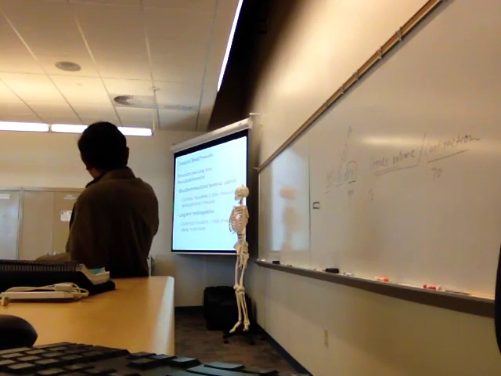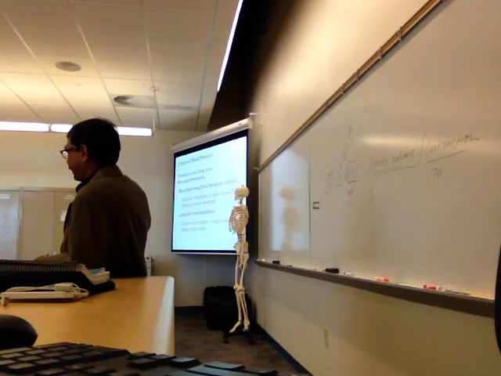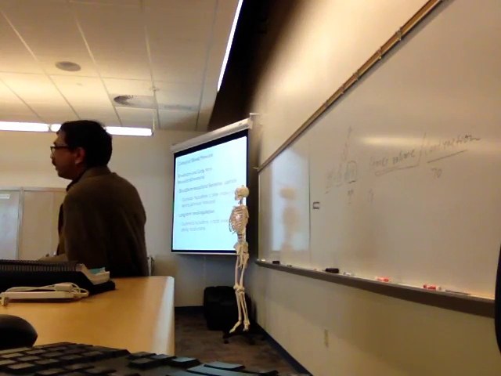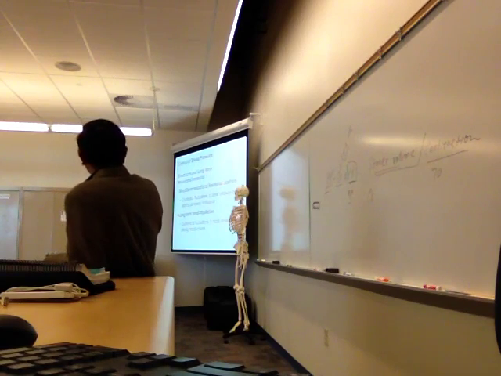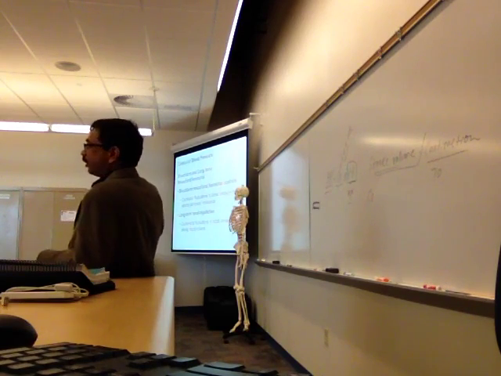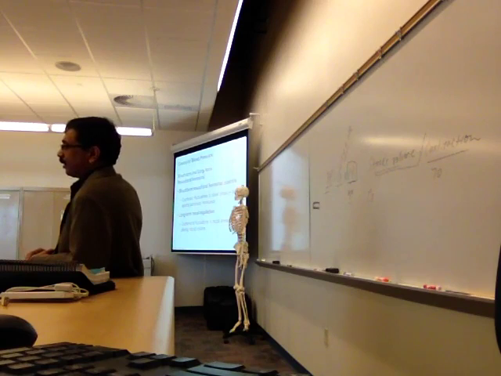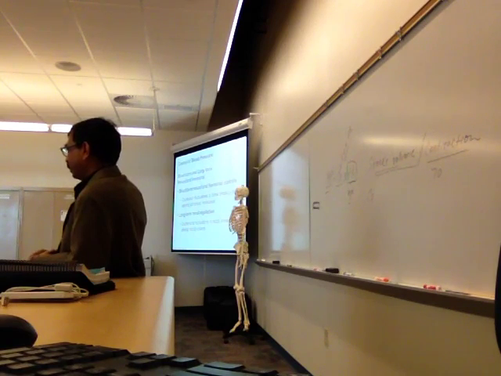Okay, now the regulation of blood pressure. We have 2 types of regulation, short-term regulation and long-term regulation. Okay? Short-term regulation is controlled or regulated by nervous system and endocrine system. So neural and hormonal. You know that endocrine means hormonal, right?